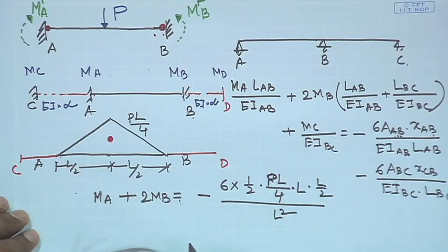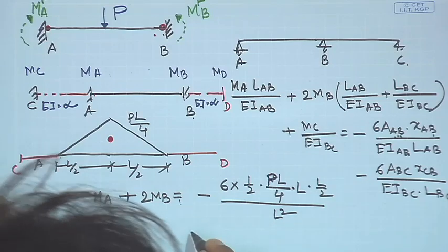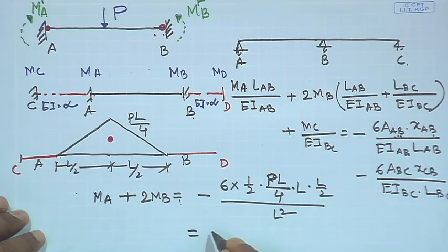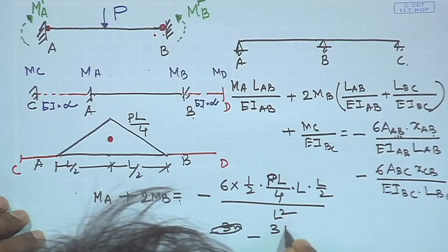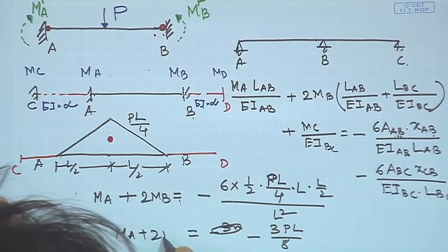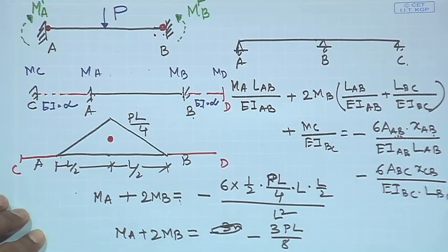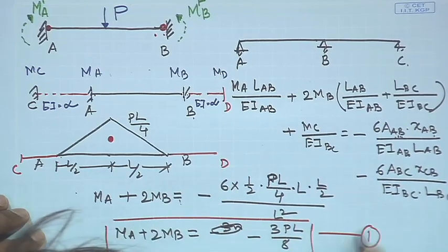So this is one equation we get. Now this becomes minus 3PL/8. So M_A plus 2 M_B becomes this. This is equation number 1.